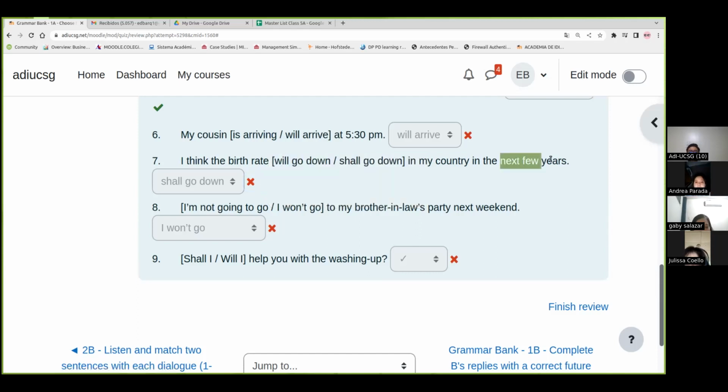In the next few years, we don't know exactly when. So it's not as specific. That's why we're using will. In this case, the word shall could be used if there was a consequence involving that situation, but there's none. So we need to insist on the word will, not the word shall. Okay, thank you. You're welcome.